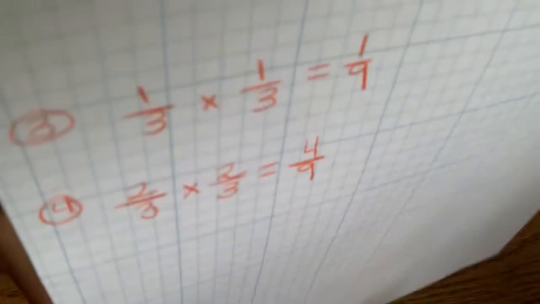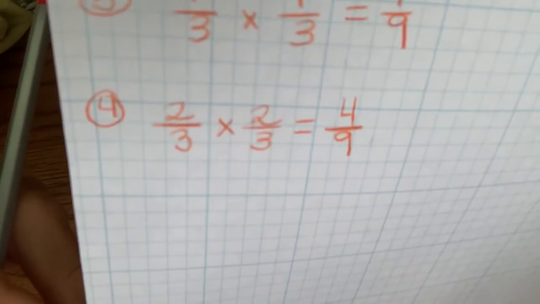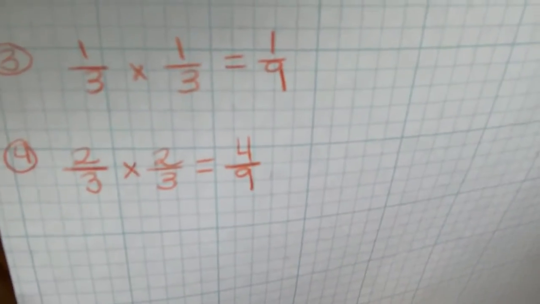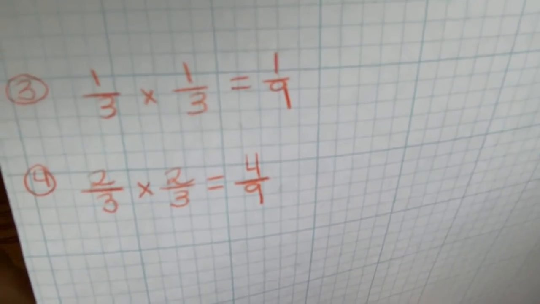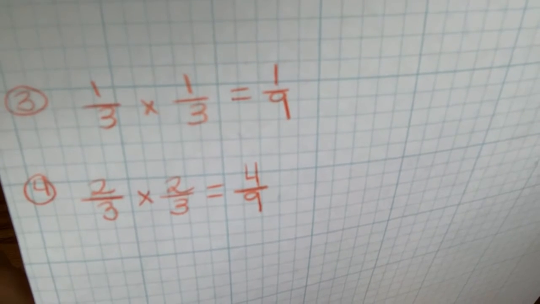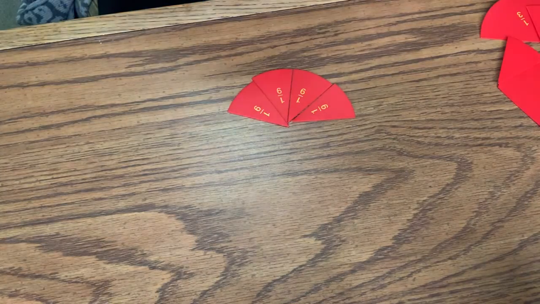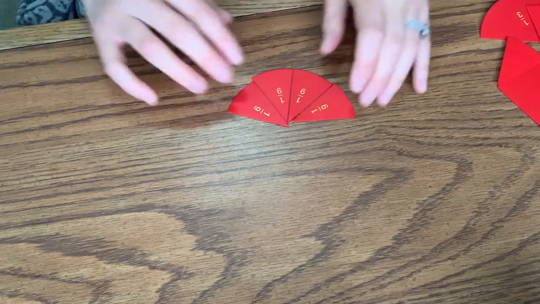Now look at that one closely. Do you notice anything about the numerators, the denominators, and how they relate to the answer? If you don't yet, it's okay. It'll come to you with more practice.